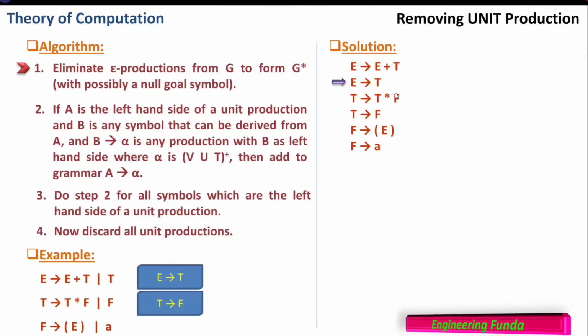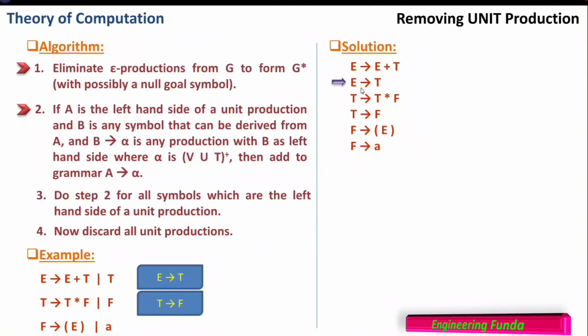Now step number 2 will focus on E tends to T, because it says that if A is on the left hand side of the unit production and B is any symbol that can be derived from A, and B tends to alpha is any production with B as the left hand side, where alpha is in (V union T) whole plus, that is the positive closure, then we have to add A tends to alpha.